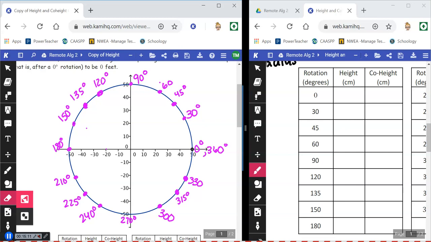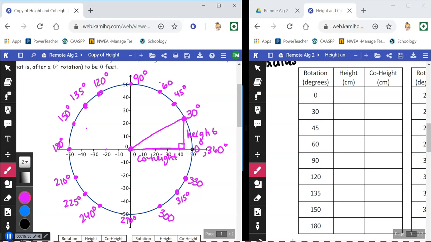So remember that this point is creating a right triangle with our x-axis. So our height is the y value of this point, and our coheight is the x value.